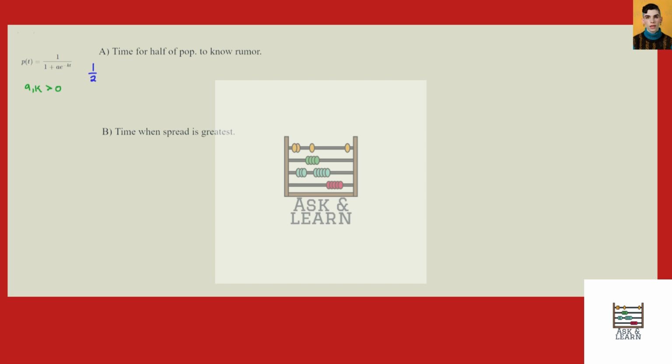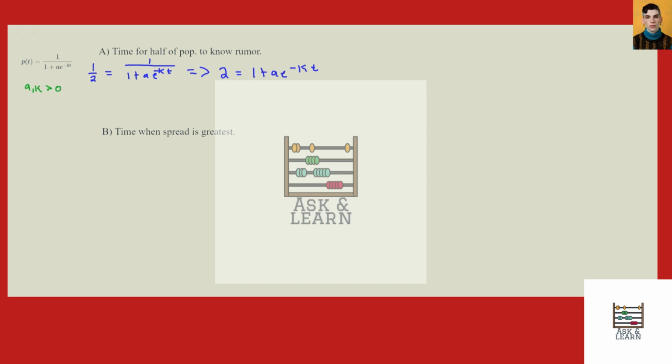So we can go ahead and write 1/2 is equal to P of t, which is 1 plus a e to the negative kt all over 1. Then we can go ahead and start trying to solve for t, so we can reciprocate each side of this. And doing that will give us 2 is equal to 1 plus a e to the negative kt.